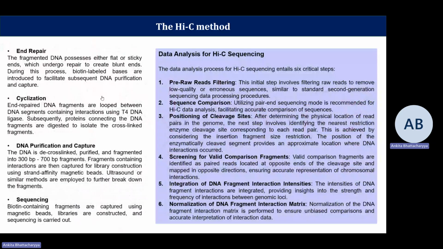The position of these cleaved segments provides the location where DNA interactions had originally occurred. Then screening for valid comparison fragments. Valid comparison fragments are identified as paired reads located at opposite ends of the cleavage site and mapped in opposite directions, ensuring an accurate representation of the chromosomal interactions.